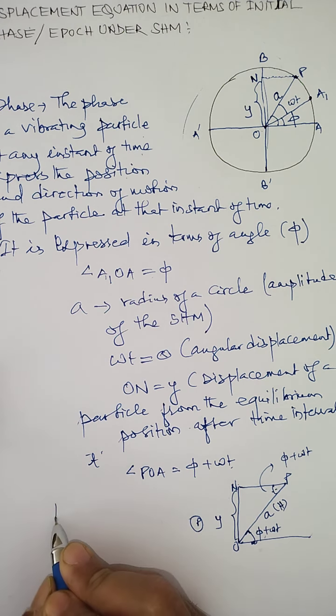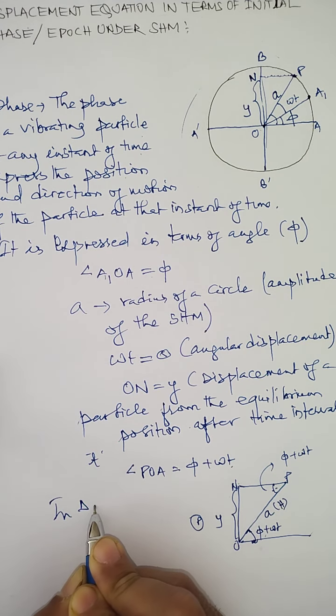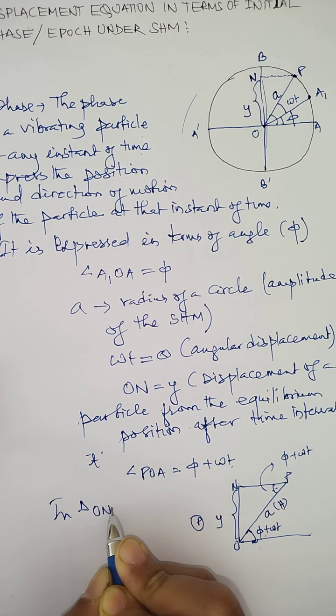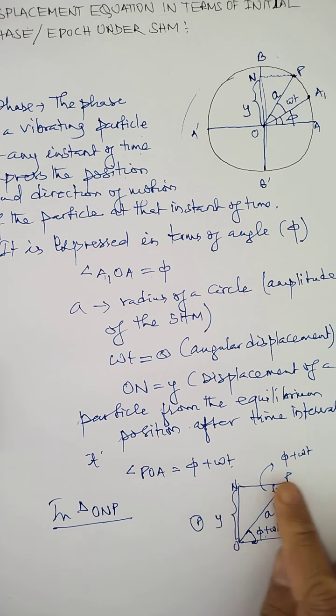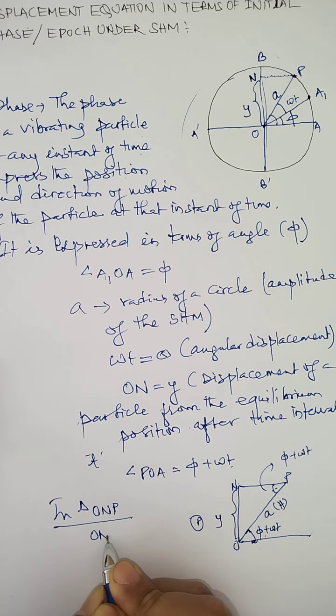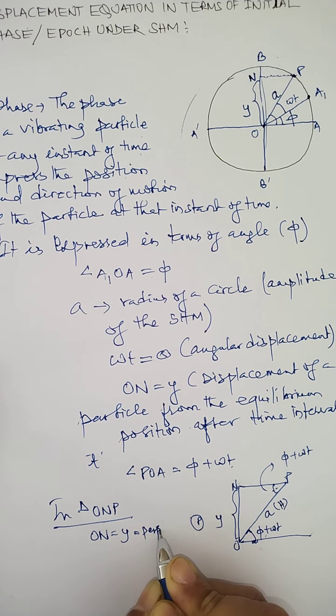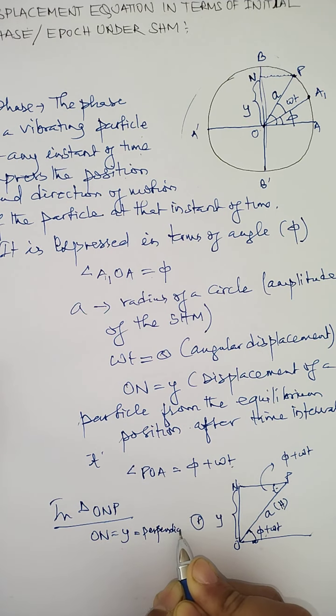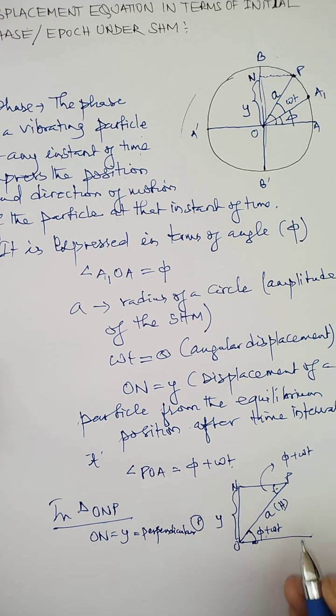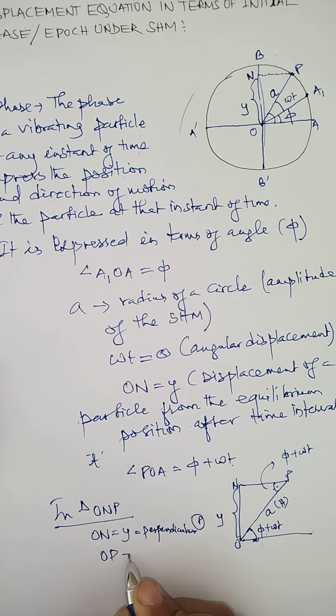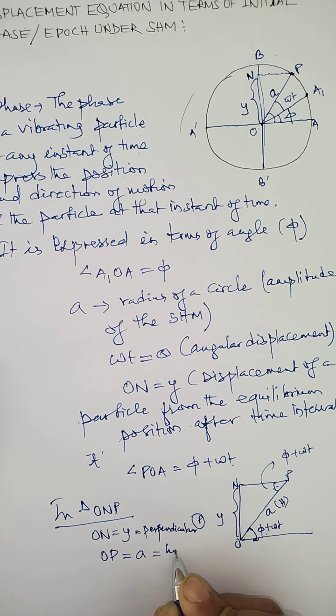So in the right angle triangle OPN, ON is your Y, and this is your perpendicular. And OP equals A, and this is your hypotenuse.